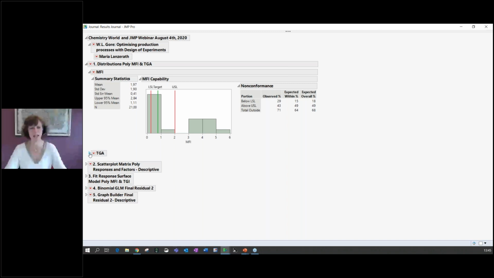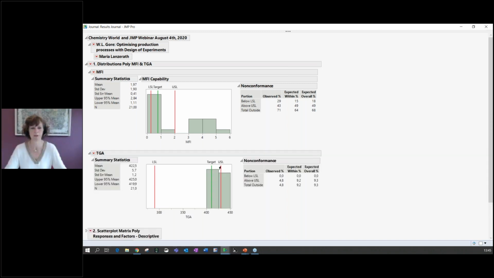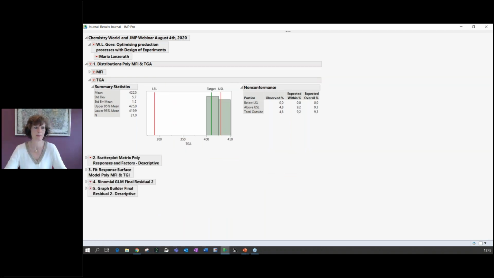Same for TGA, where everything is pretty close to the upper specification limit, with a few that went over the top, but again, a good amount, around 5%, were outside of the specification limit. So there is hope that we can see something. And the reason why I look at that distribution is also to do a plausibility check on the data and get a first feeling for what to expect.